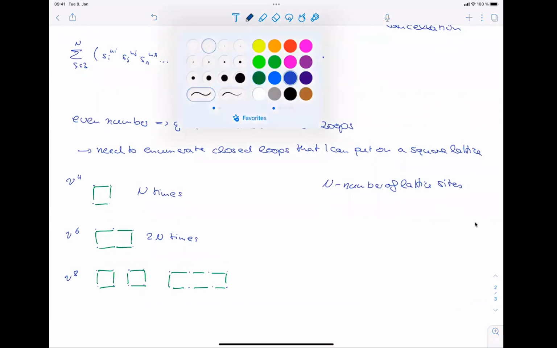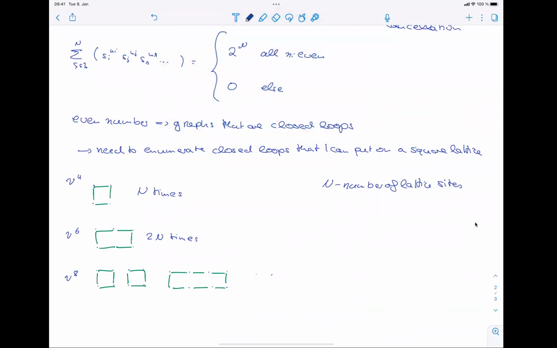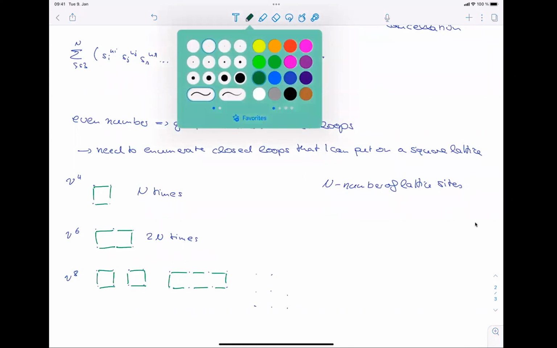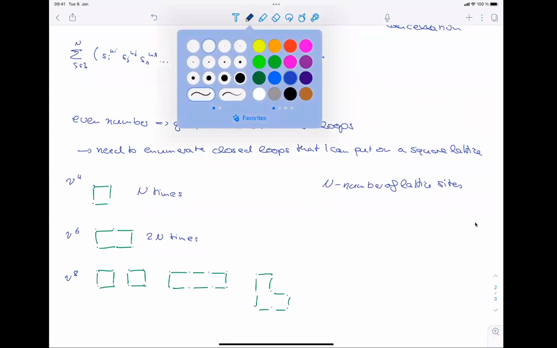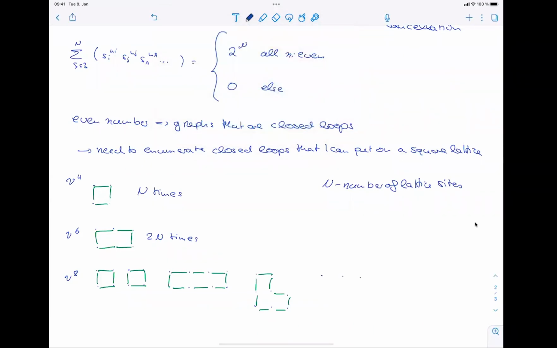Or I can start to deform this loop on my square lattice: 1, 2, 3, 4, 5, 6, 7, 8. Or I can even make a big square: 1, 2, 3, 4, 5, 6, 7, 8.